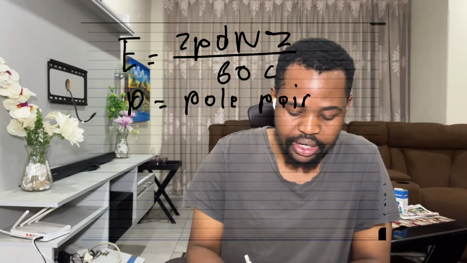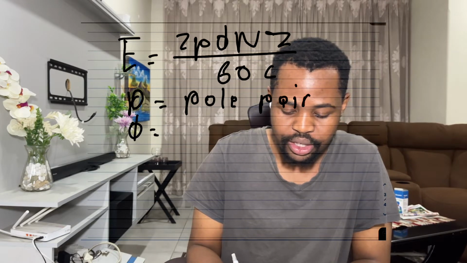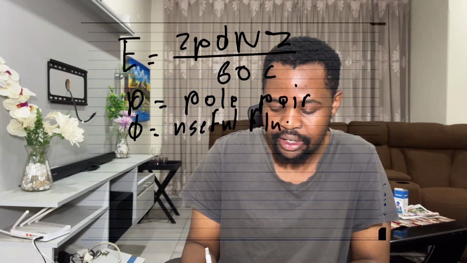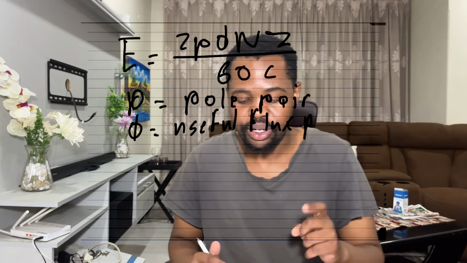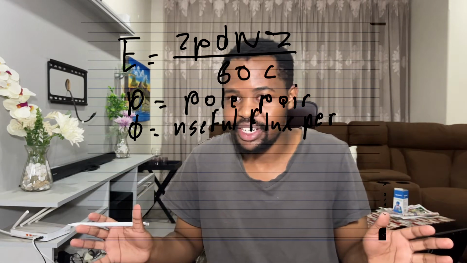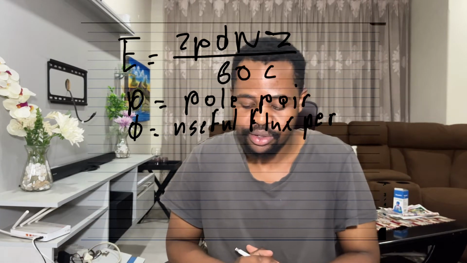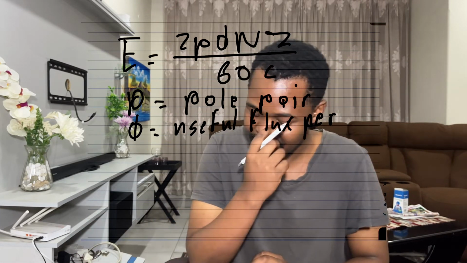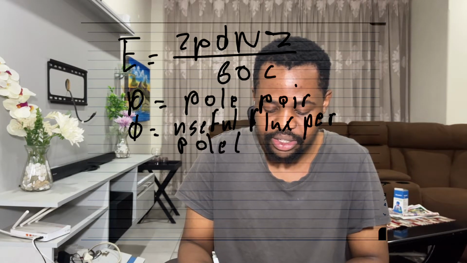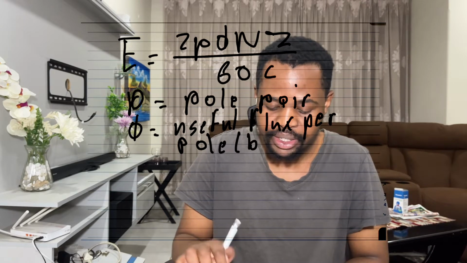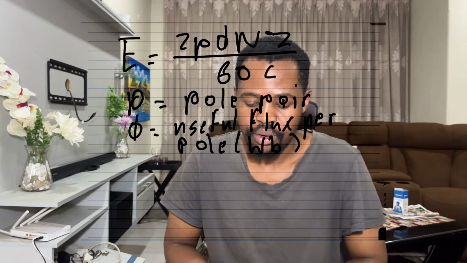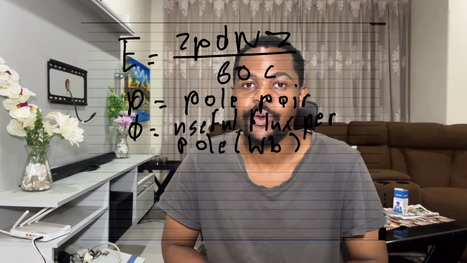Then the next one is the useful flux per pole. Sorry, before I continue, the pole pair does not have a unit, guys. This one will have a unit: the useful flux per pole is measured in Webers, or in most instances in milliwebers.